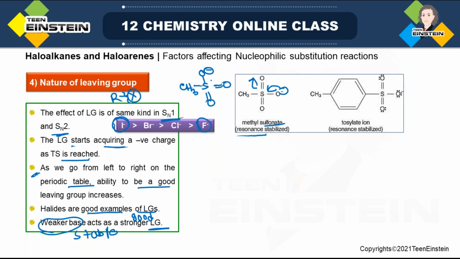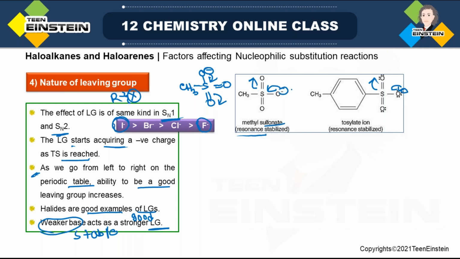Then similarly, there can again be bond formation between O and S and negative charge over the other oxygen. So these three resonance structures that you are getting are all equivalent, so they are resonance stabilized. As it is very, very stable, they are very good leaving groups. So these two are examples of very good leaving group. And the second one, which is known as tosylate ion, here also the same kind of resonance is possible.